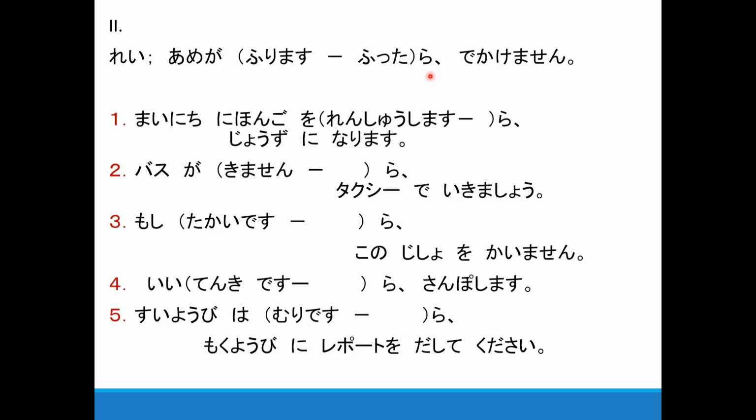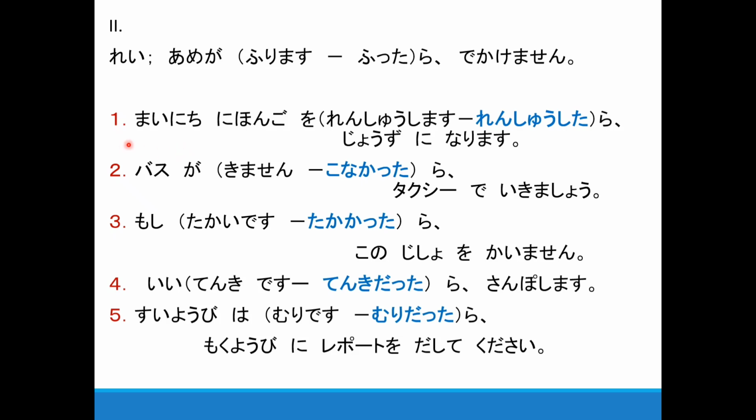We learned in this lesson that when ra comes, it is an if condition and it takes plain past form. Futtara. Similarly, do question number 1 to question number 5. Pause the video, do it and then check with the answer. It is mentioned over here only.